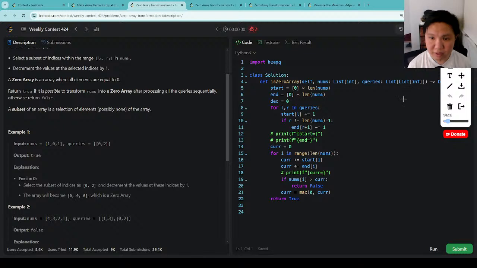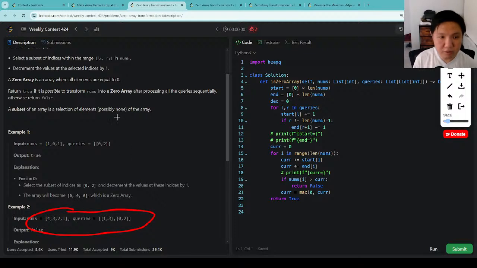Okay, so let's run through an example. This example is 4, 3, 2, 1. The first query is 1 to 3. These are the indexes.